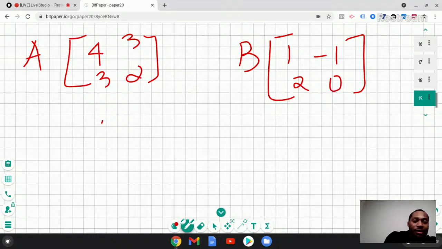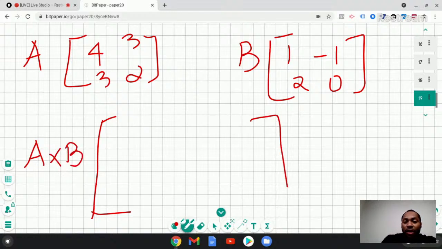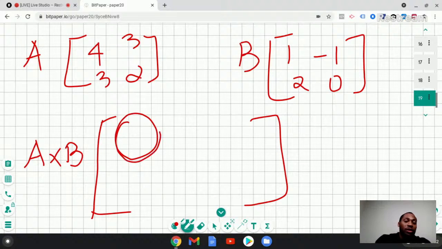If I want the element in the first row, first column, all I have to do to find this is take the first row of the first matrix, multiply by the first column of the second matrix. So you do a dot product.